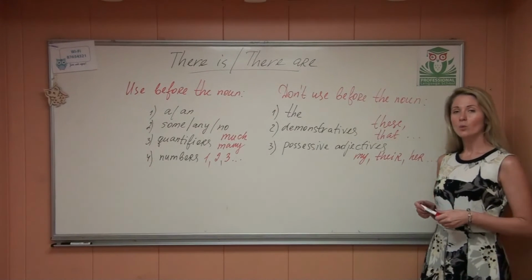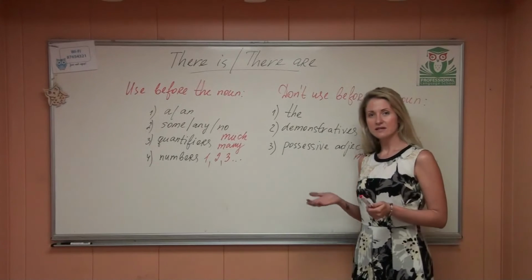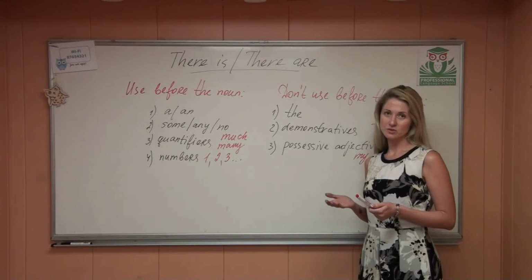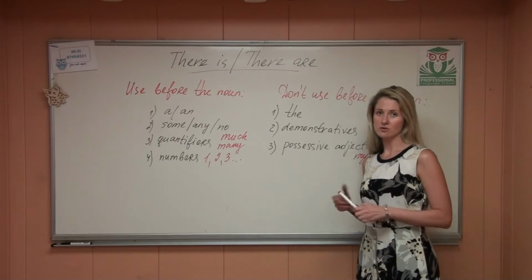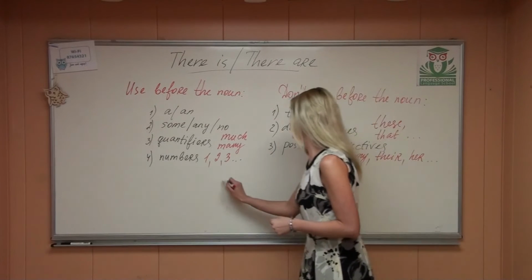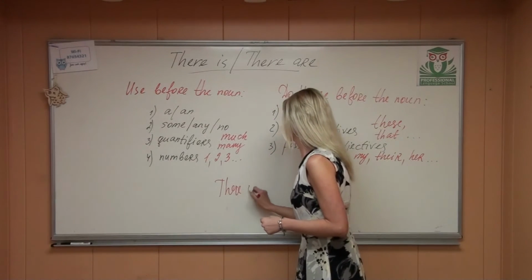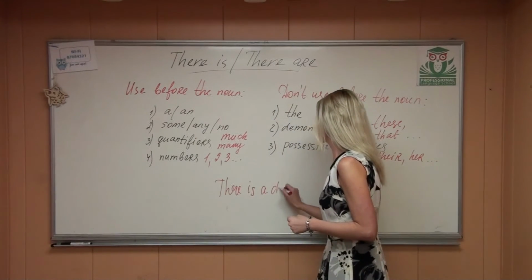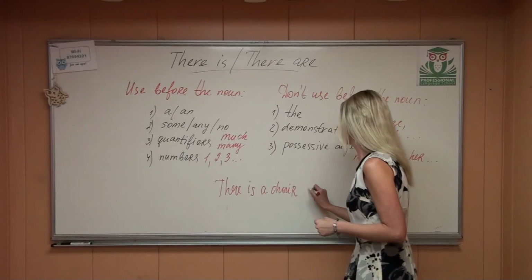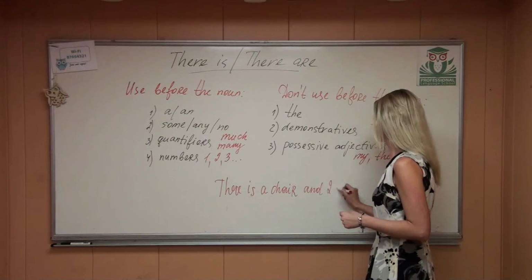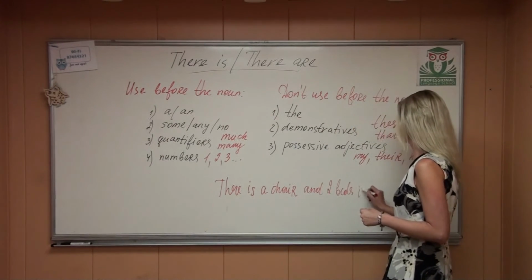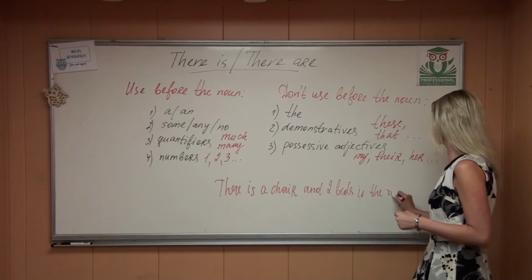Please remember, when we introduce several nouns in the sentence and the first one is singular, the verb is also singular. For example, there is a chair and 2 beds in the room.